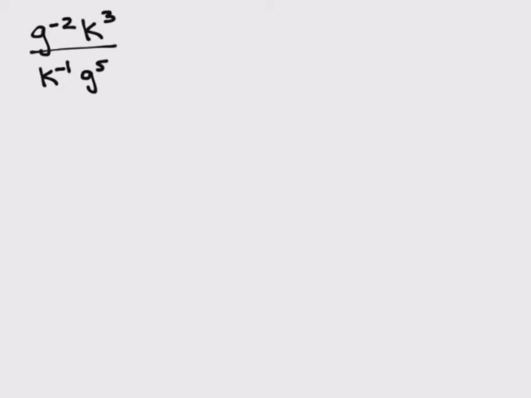So we've got two ways to do this. We can, of course, use the properties. Let's do the g's first. G to the negative second over g to the fifth. Well, we could just do negative 2 minus 5, which is negative 7. So part of our answer will be g to the negative 7th. What about the k's? K to the third over k to the negative first. 3 minus negative 1 is 4.